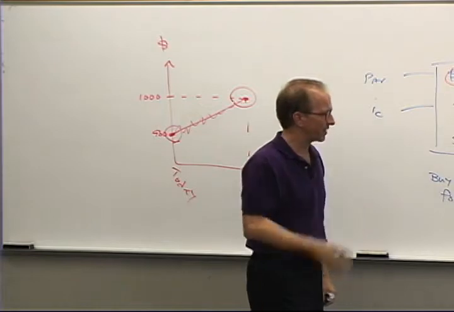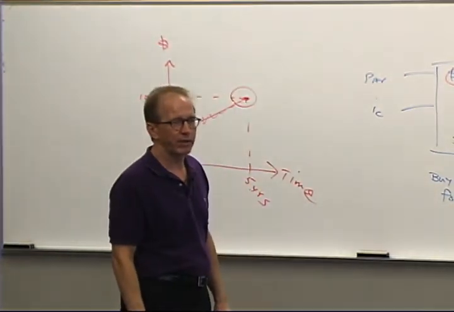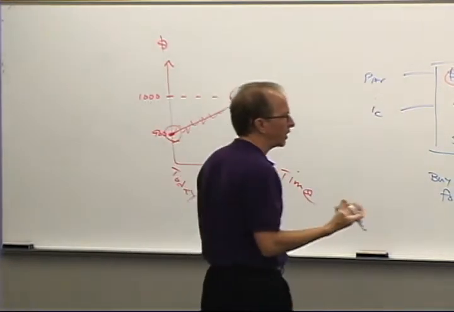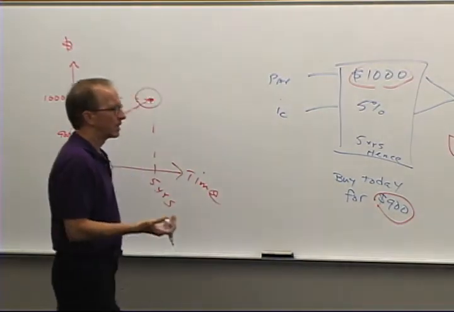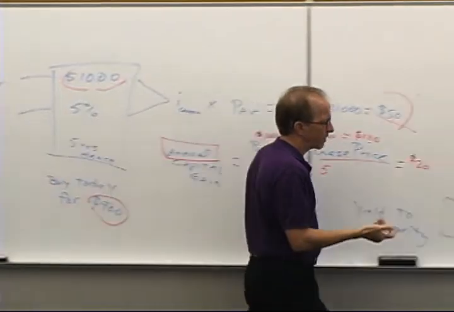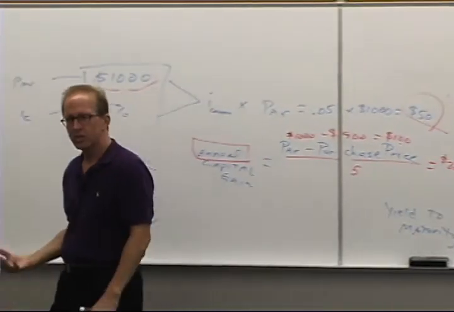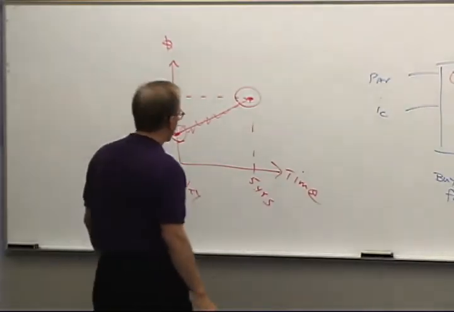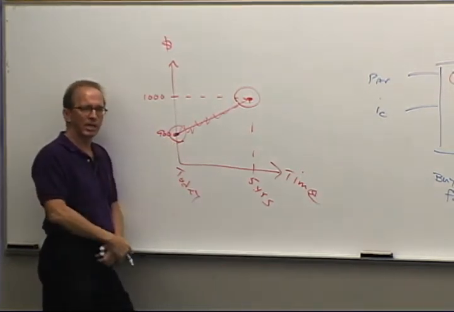Now, this is somewhat imperfect. I wouldn't call it a rule of thumb, but it is a formula that we can do in a fairly simple way. The problem with this in real life is that when we talk about the amount invested, it's true that we invested $900 on the first day.